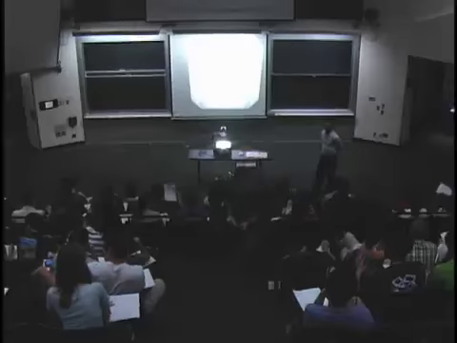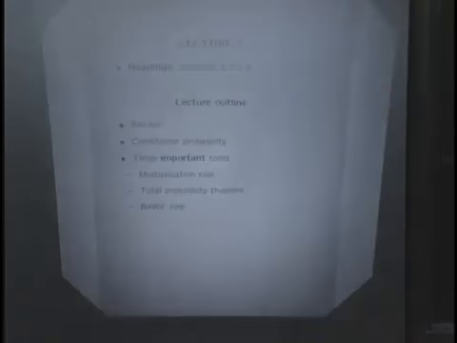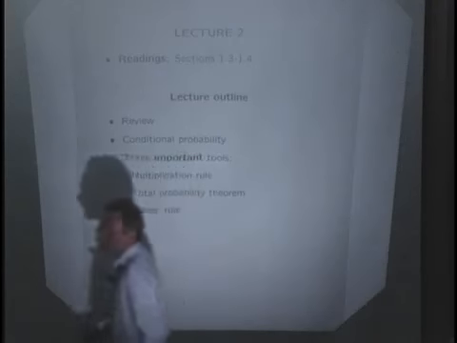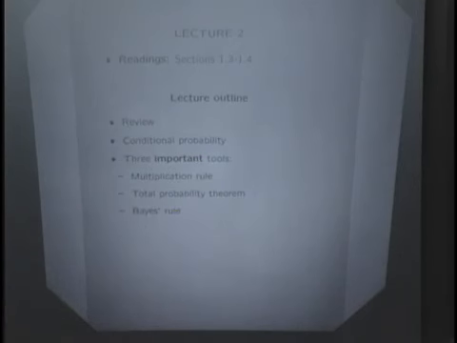So here's the agenda for today. We're going to do a very quick review, and then we're going to introduce some very important concepts. The idea is that all information is always partial, and the question is, what do we do to probabilities if we have some partial information about a random experiment? We're going to introduce the important concept of conditional probability, and then we will see three very useful ways in which it is used.